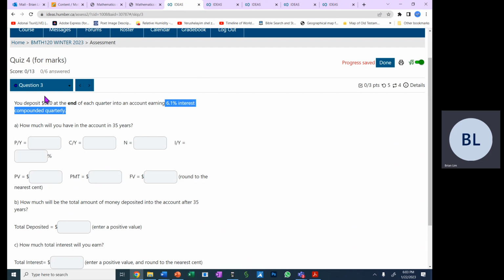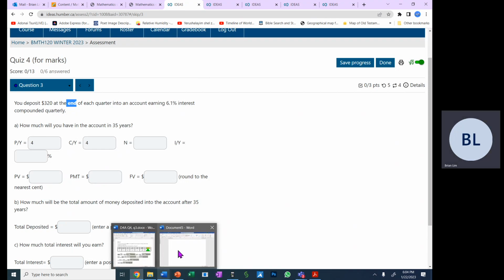So this is quiz 4, question 3. So payments are at the end of each quarter, so that would mean 4 times per year, PY. And CY, because it's compounded quarterly, will also be 4. Now this is at the end, so that is why this is an ordinary simple annuity or simple ordinary annuity.